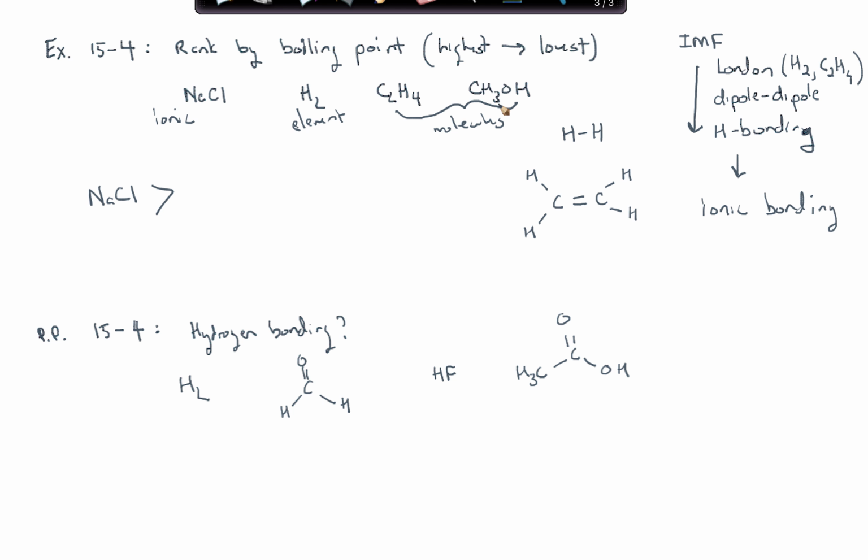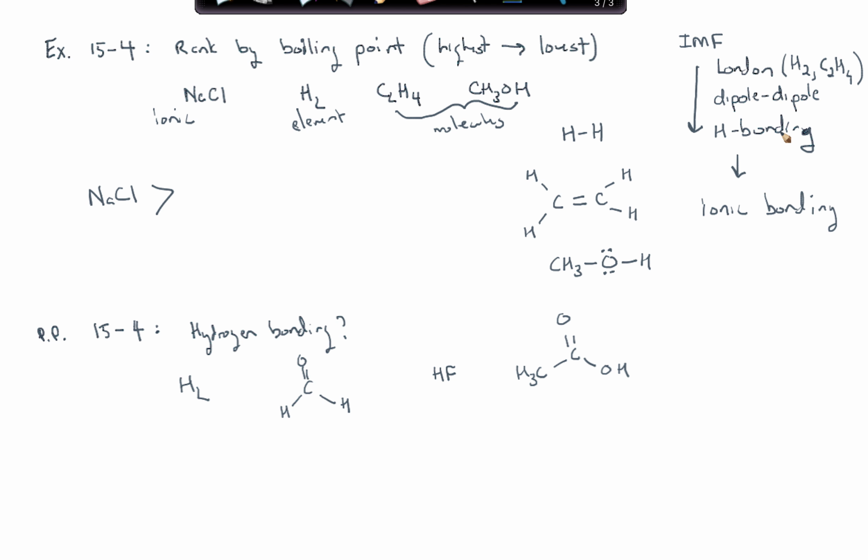And then finally we have methanol, and methanol is CH3OH. Now, oxygen is more electronegative than carbon and more electronegative than hydrogen, so this is a polar molecule. Unlike the first two examples, this is not symmetrical, so it doesn't cancel itself out. Furthermore, we have oxygen directly attached to the hydrogen here, and that is a prerequisite for hydrogen bonding.